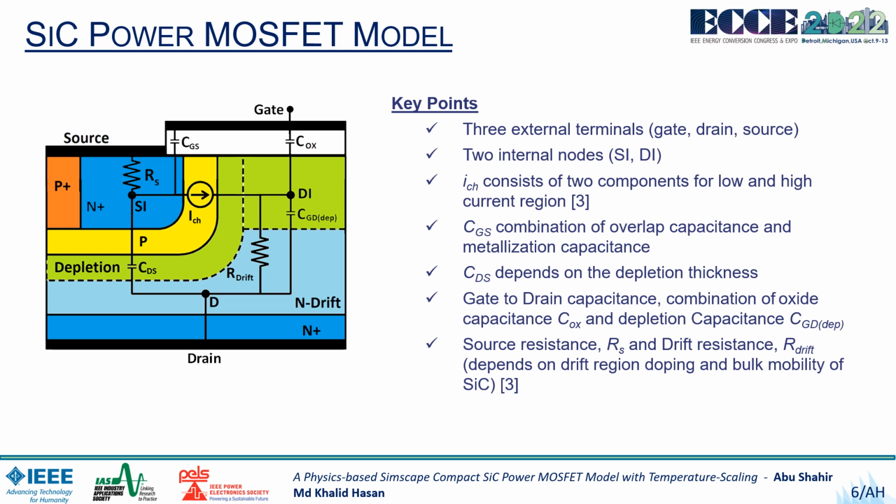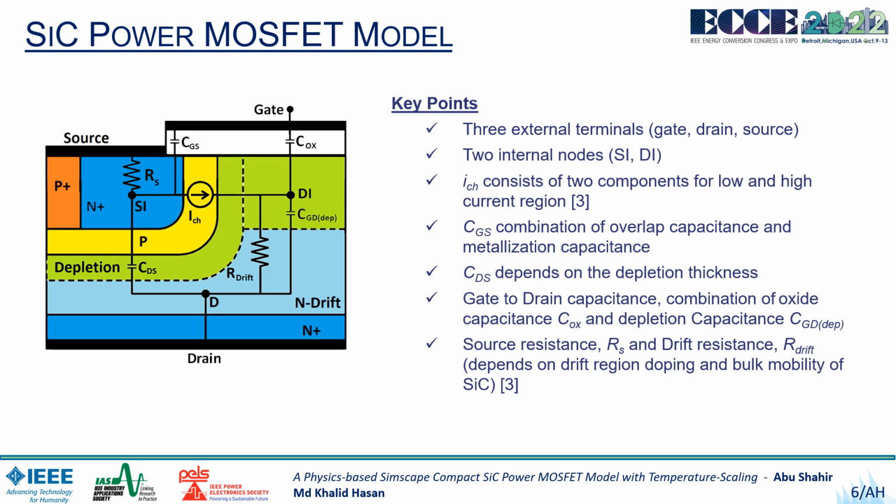Let's look at the structure of the silicon carbide power MOSFET model used in this paper. The device has three external terminals, gate, drain, source, and two internal nodes, SI and DI. The channel current ICH consists of two components, IMOS-L and IMOS-H, which correspond to the low and high current regions.